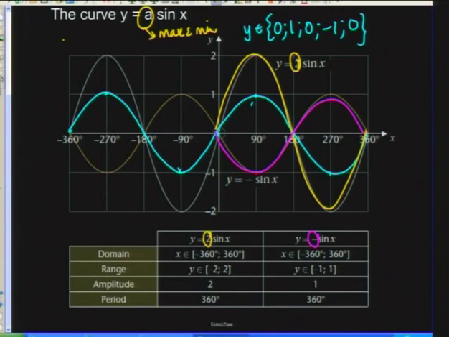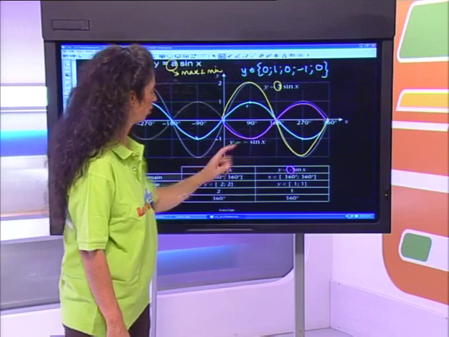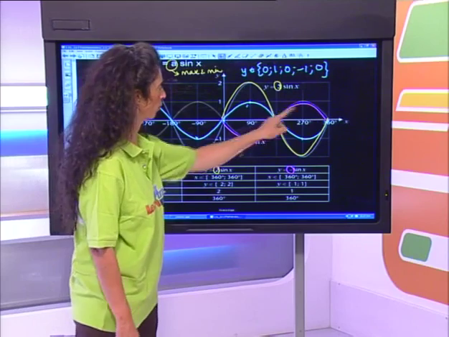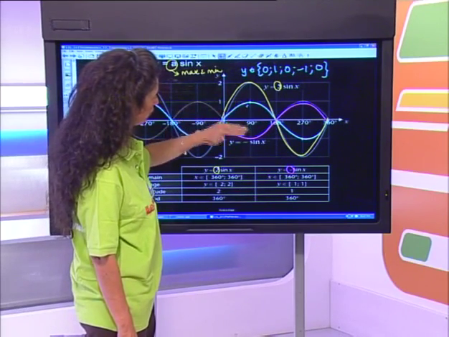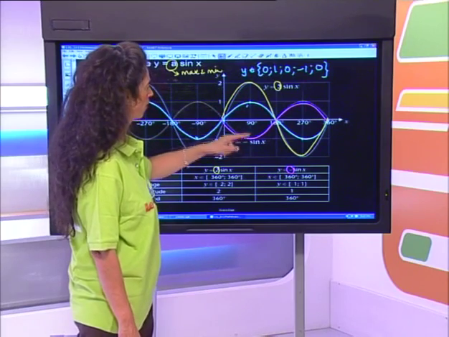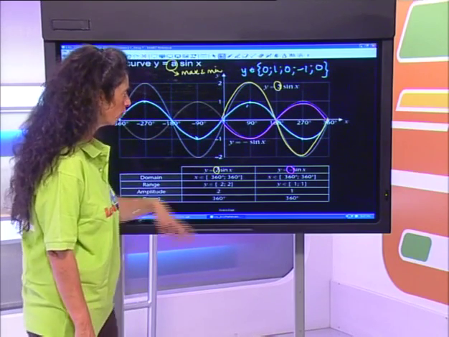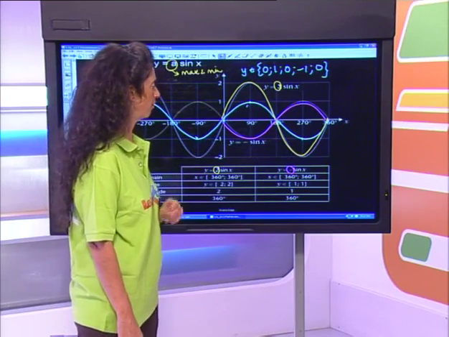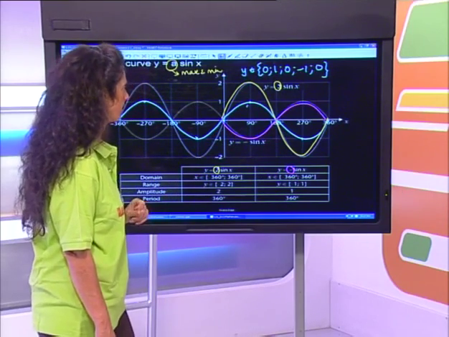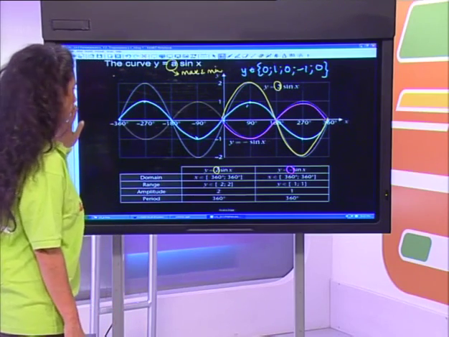Take your parent graph, multiply it by the new coefficient, and we've got the yellow graph if it's 2, and the purple graph if it's -1. Notice, it's just the reflection of the blue graph about the x-axis. So we've inverted every single blue value by a factor of -1 across the x-axis. That would be our amplitude change.